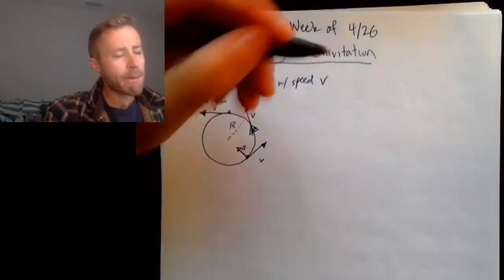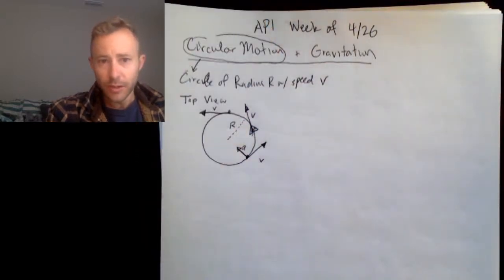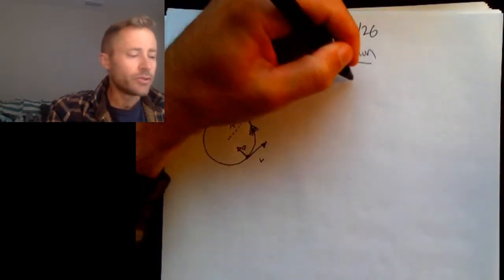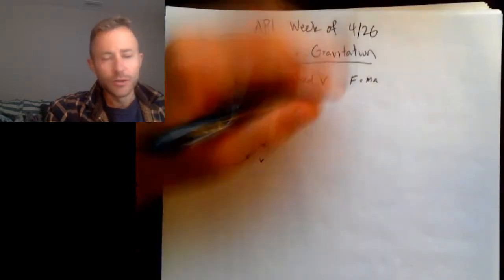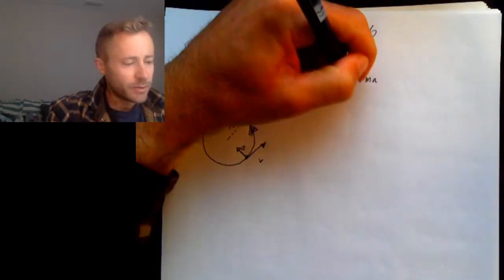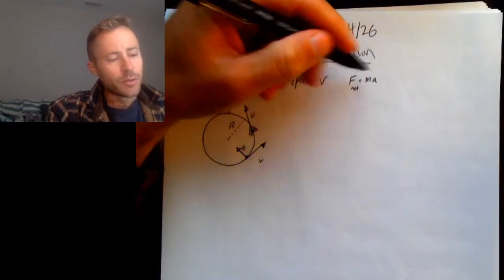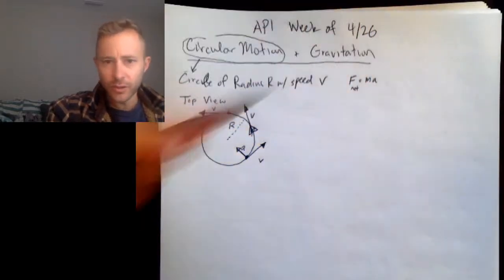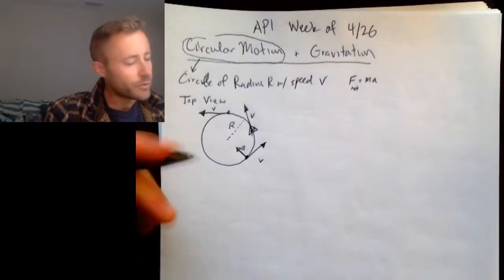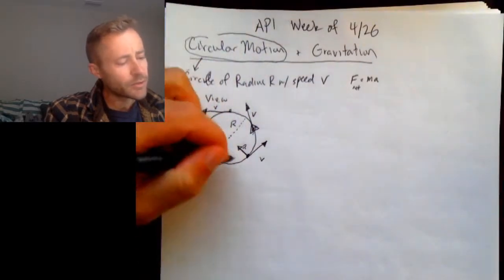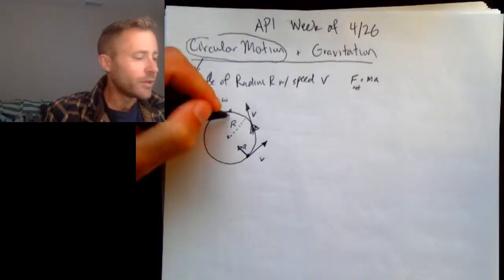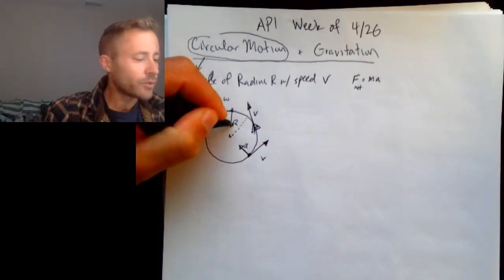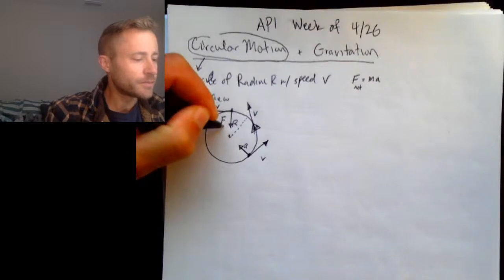Now, we also have Newton's second law, which says that F equals ma. So we can see F net equals ma. So we can see that the force and the acceleration are linearly related to each other. And so if the acceleration points towards the center of the circle, then the force also points towards the center of the circle.